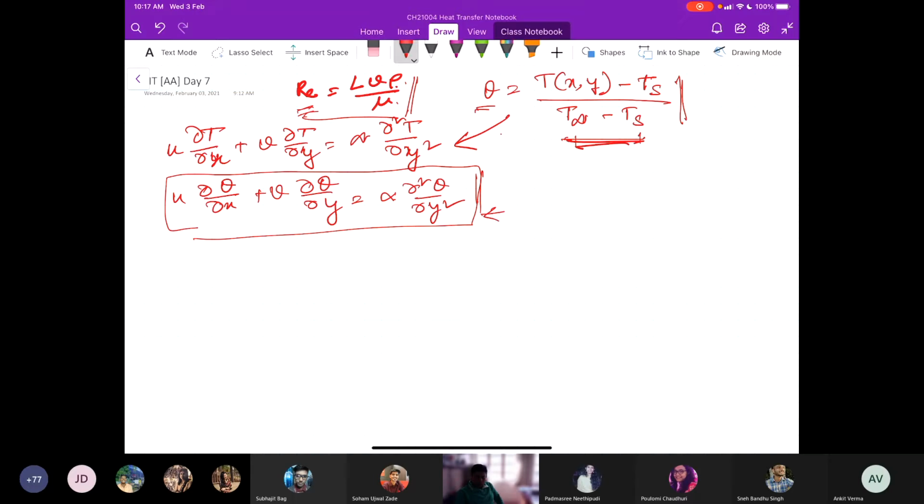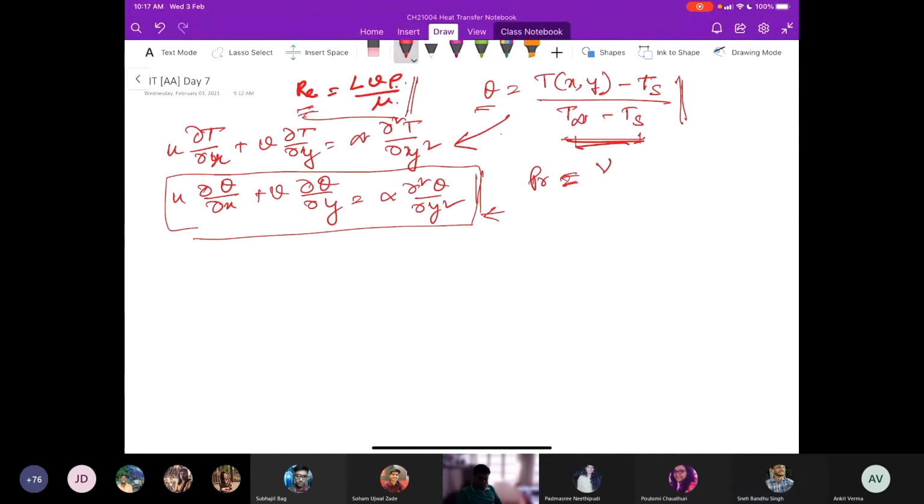But what happens here? You know what the Prandtl number is. So what is the Prandtl number? It is momentum diffusivity by thermal diffusivity.